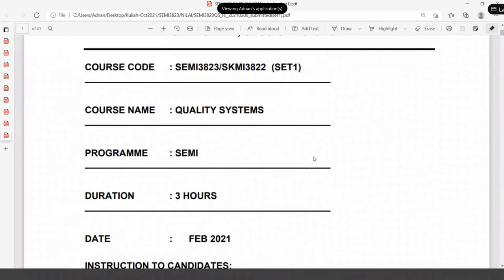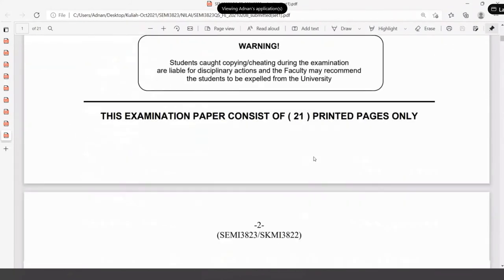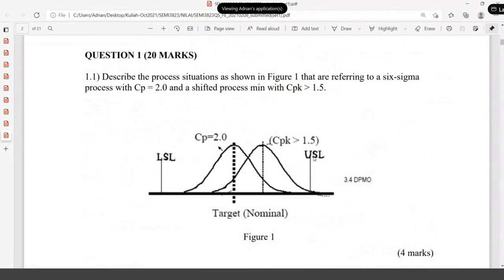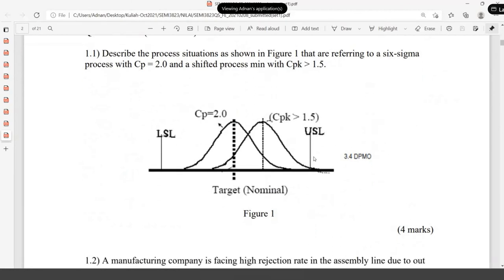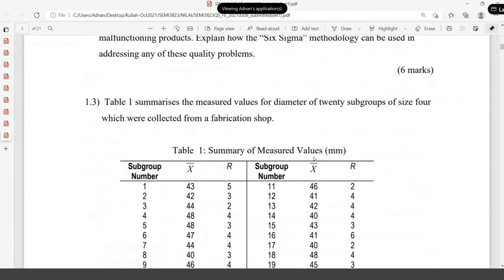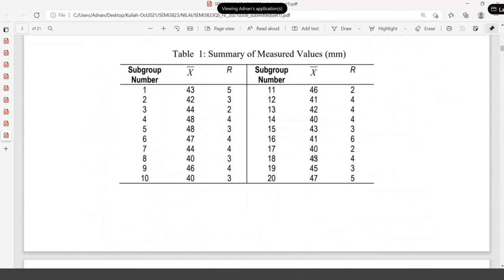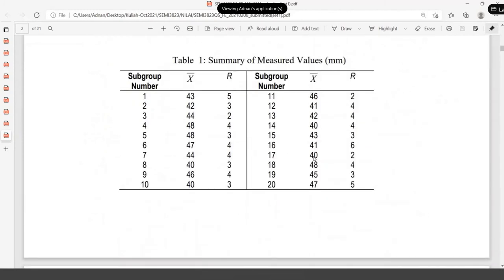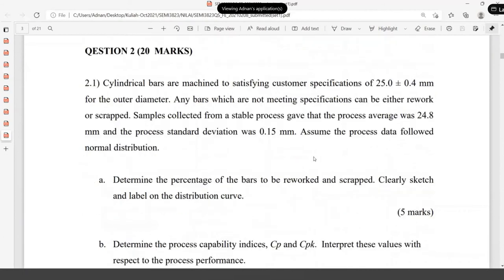This is February 2021. This one kita tak cover untuk test number 2, but anyway, good to prepare for your final. This also, X bar R, tak cover dalam test 2, kita dah ada dalam test 1 hari tu. Ini pun dah cover test 1.